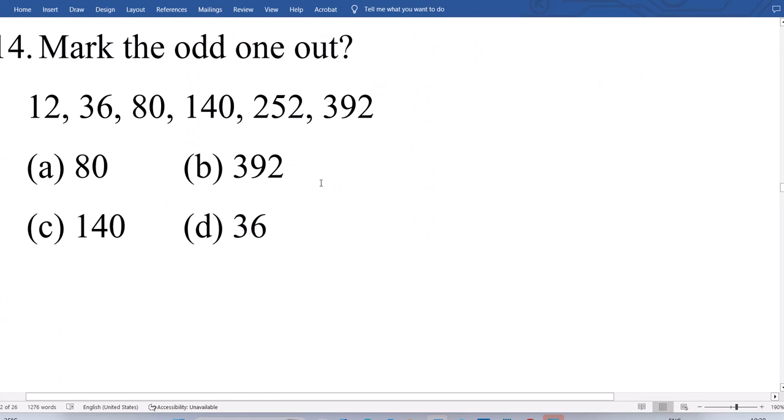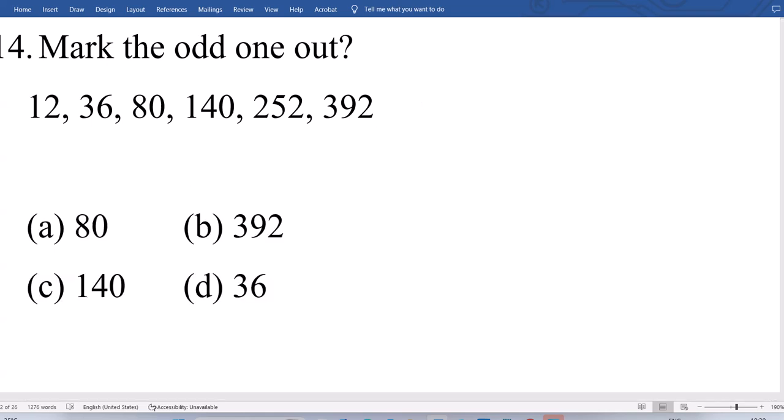Now, odd one out they're asking. In fact, it's a wrong number series it seems. It's not exactly odd one out. Wrong number in the series, or maybe okay, let us consider odd one out. They gave a series of numbers, I can say it's actually a wrong number series.